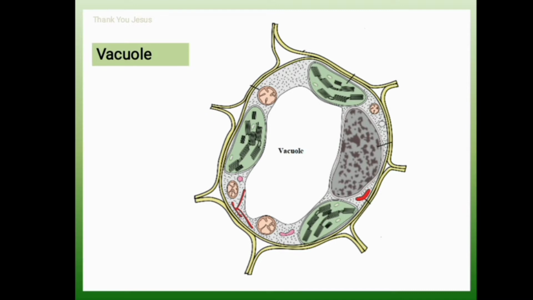They are filled with watery fluid called cell sap. So it contains water and various substances in solution state or in suspended state. So actually the meaning of vacuole is nothing but empty space.